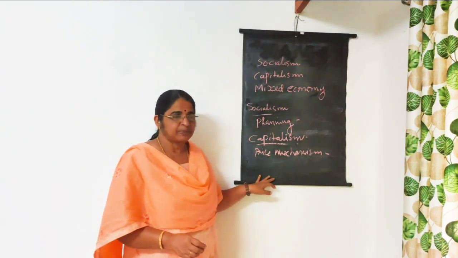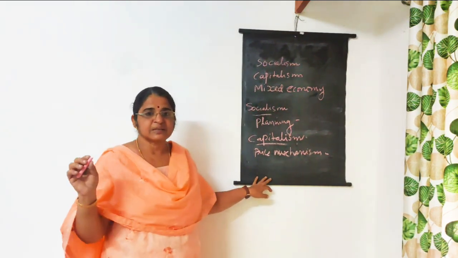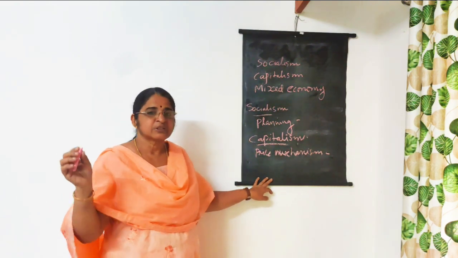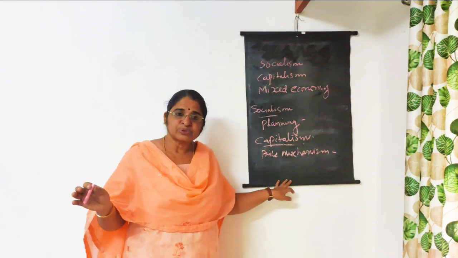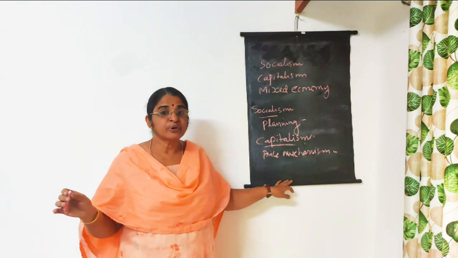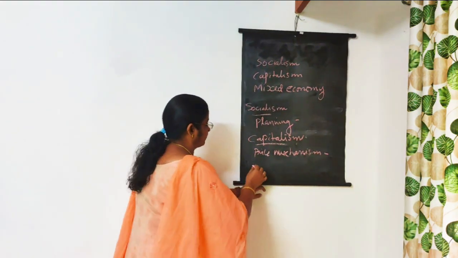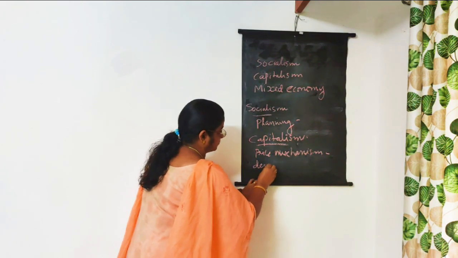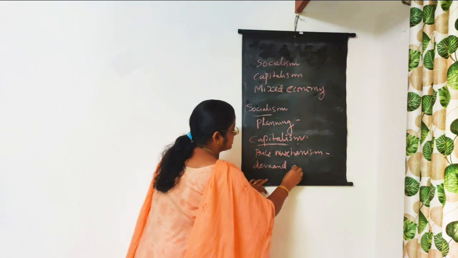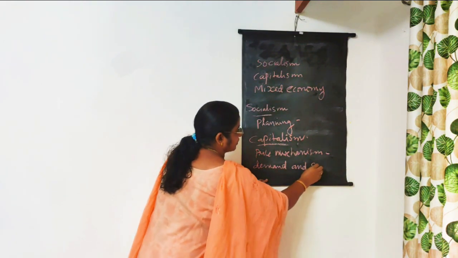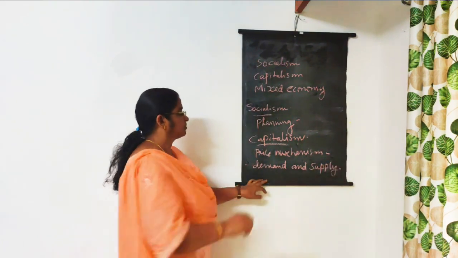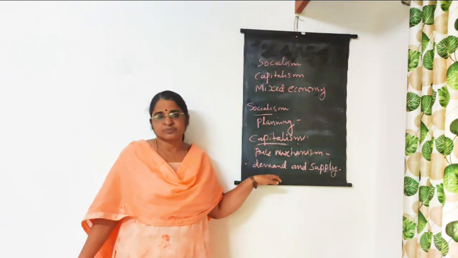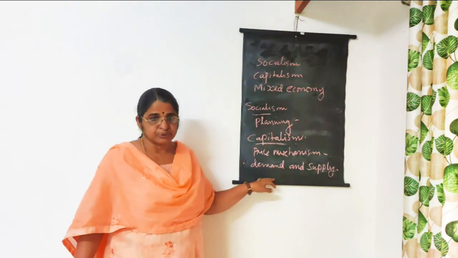So, in capitalism, demand and supply determine or solve the problems of what to produce, how to produce, and for whom to produce. Their aim is the profit motive.